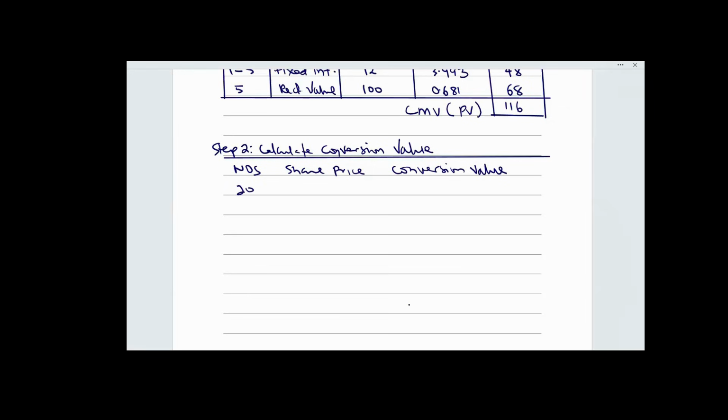So here will be 20 multiplied by, let me put the naira sign. 20 shares at 4 naira will give us 80 naira. 20 shares at 5 naira will give us 100 naira. 20 shares at 6 naira will give us 120 naira. That's all you need to do.